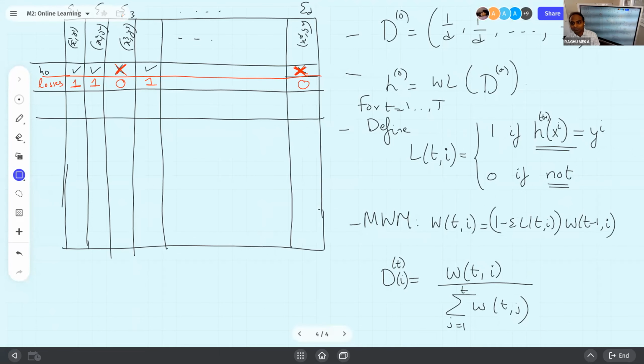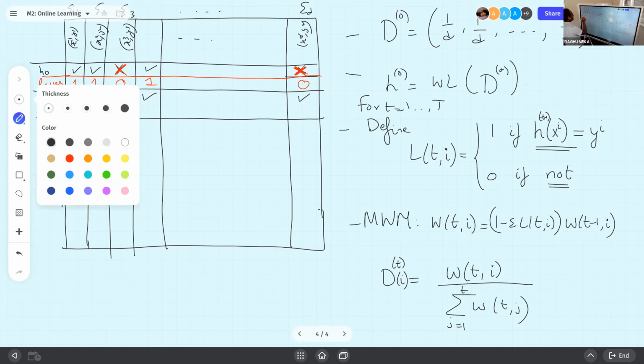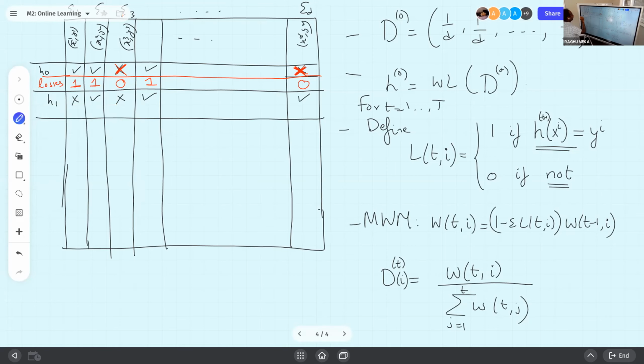All right, so now what else can we do to finish the algorithm? I told you how to update the distribution, and now how do I combine? At the end of the day, I have to give a single learner. I'm computing all these iterative hypotheses. I get H1 here, maybe this is wrong here, right here, wrong here, right here. Maybe it starts doing better on the wrong examples, and maybe this is H2, and so on all the way up to HD.